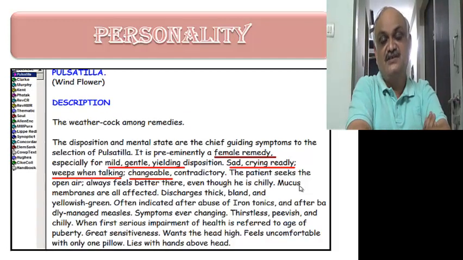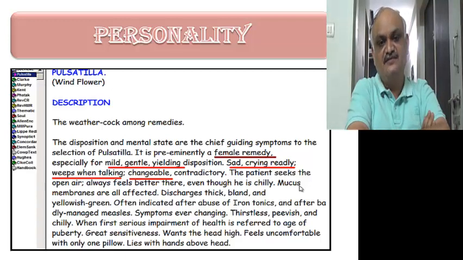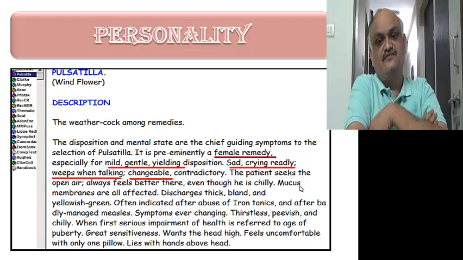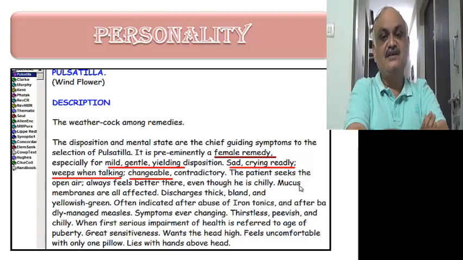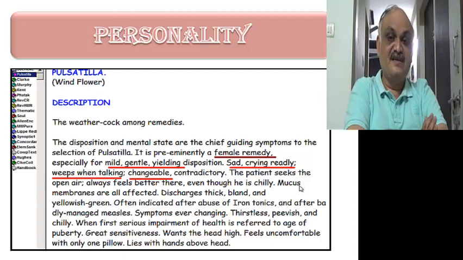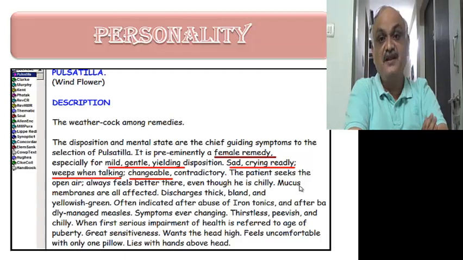Now, personality. This is a very, very important thing. It's not something related to animal, plant, mineral as we see in kingdoms, or especially if you are talking about the sensation method. It's not like that, not mental symptoms or mental things. It's the general type of personality, the general quality of that person as well as the medicine. Those general qualities we call personality. So here Pulsatilla from Boericke, and Pulsatilla is a female remedy.